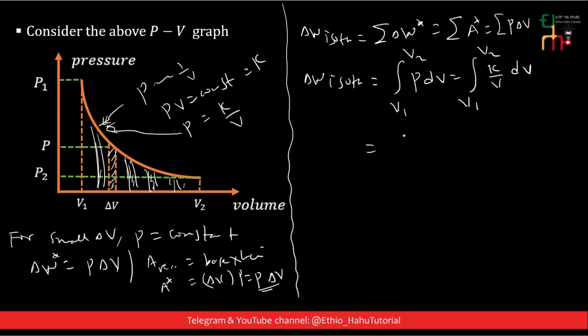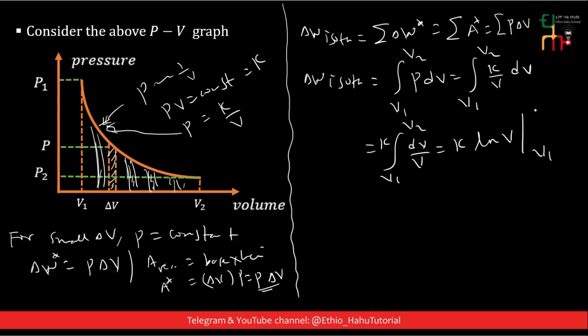K is constant, we can pull it out from the integration, so K times the integral of dV by V, which is ln of V, with limits of integration from V1 to V2.